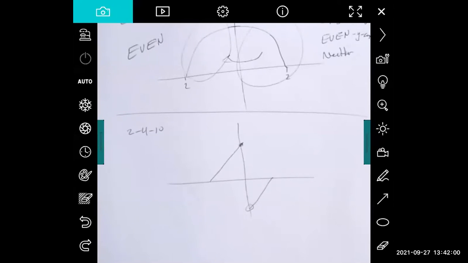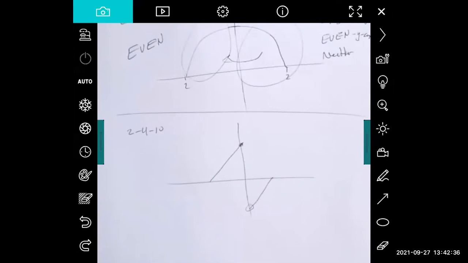Looking at this, is it odd, even, or neither? Why? All the exponents are odd, and there's no constant. So it's an odd function. How about this one? Even. All the exponents are even, and there's a constant.